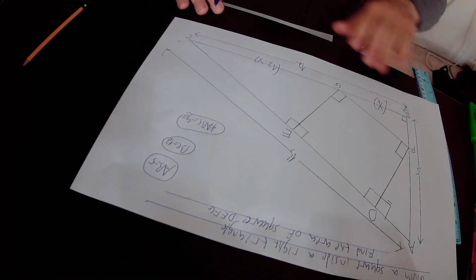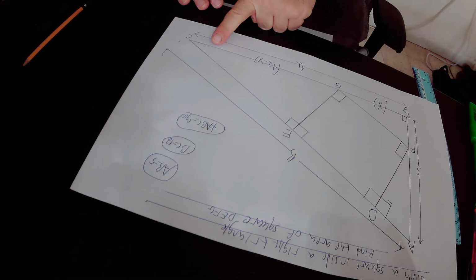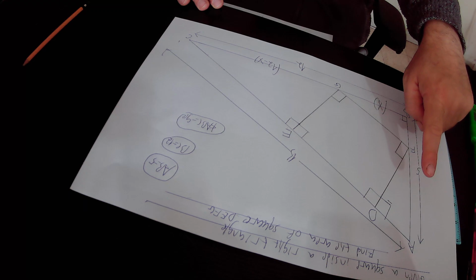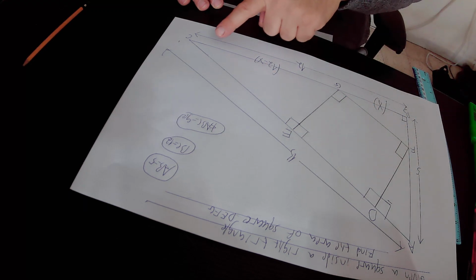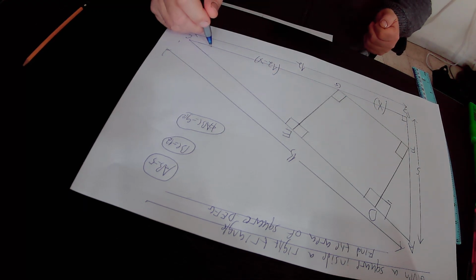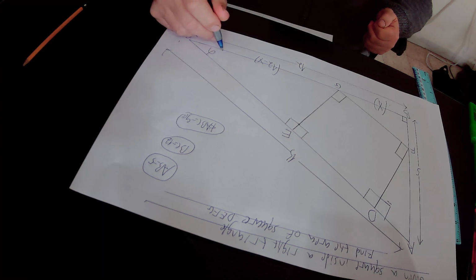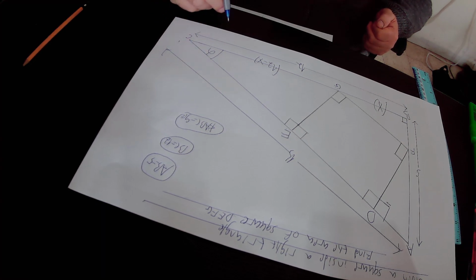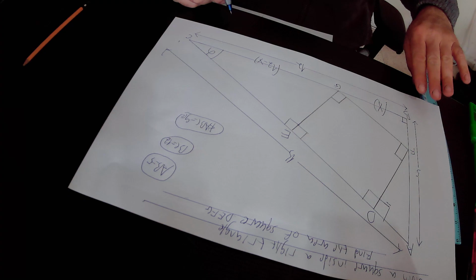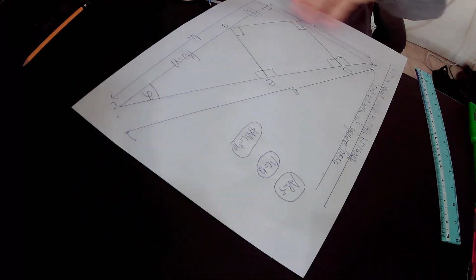In the next step, we define this angle as alpha. So this is angle ACB, that equals alpha according to our definition. And we focus on this right triangle, the big right triangle ABC.